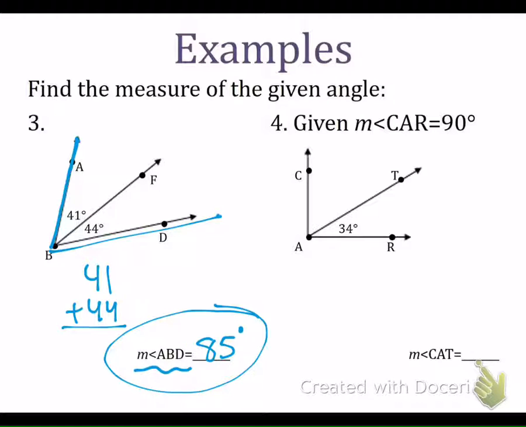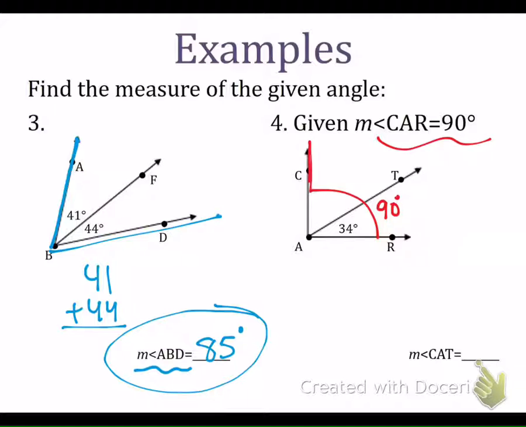Now, on the next one, we're given the whole angle, right? It's saying this big angle. Sometimes you'll see it like that. That little mark means that's the whole measure, that whole thing. So if the whole thing's 90 degrees, angle RAT is 34 degrees.